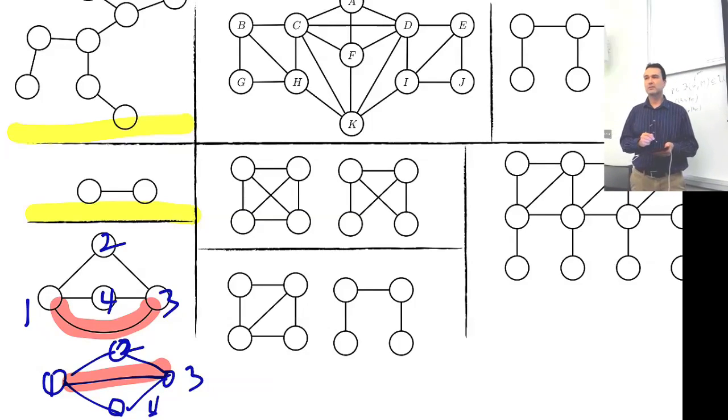So all cycles have a chord. Got it? Just rearrange the vertices. So the chord is just one chord.